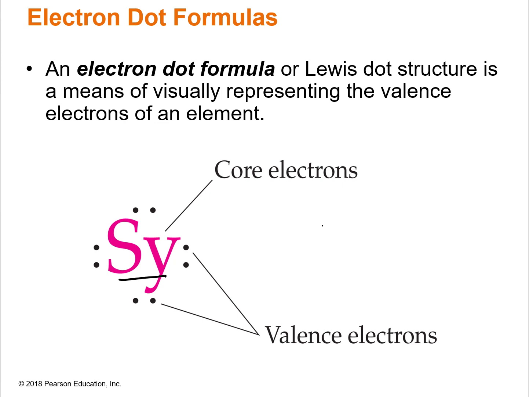So if we were going to do selenium, we said that it has 6 valence electrons. We're going to go around and put 1 electron on each side of the symbol. That's only 4. We said that we have 6 valence electrons. So we need to place 2 more. We're going to go back through and double up on 2 sides for a total of 6 valence electrons.